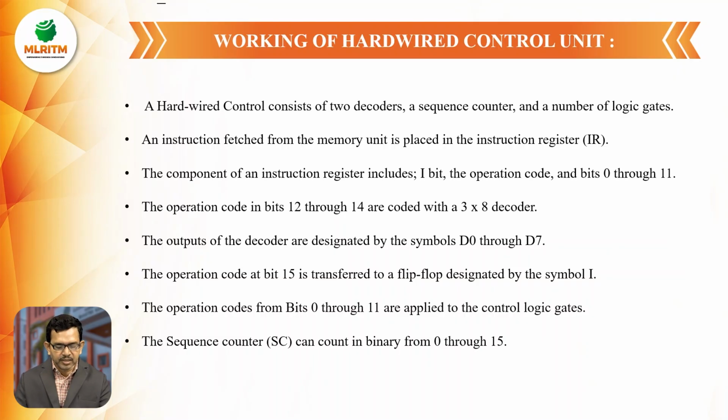Second point: an instruction fetched from the memory unit is placed in the instruction register. Where are we getting the instruction from? Whenever we give an input, the input is carried into the memory unit. Once the memory unit takes care of this particular instruction, it stores it in some particular address.